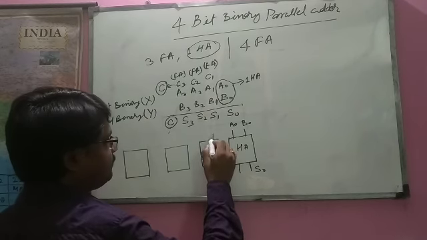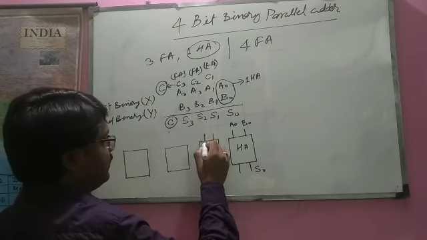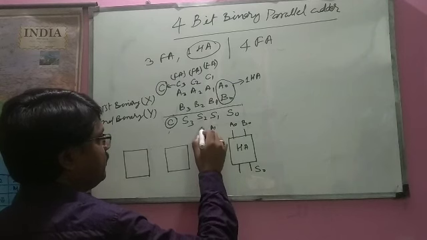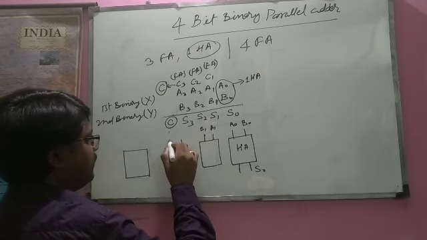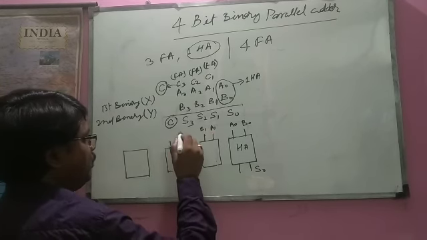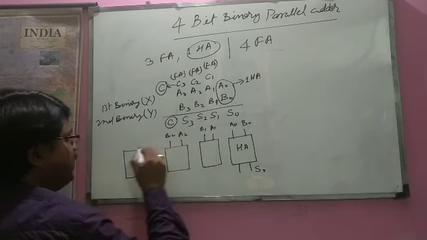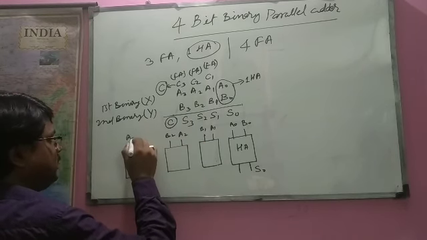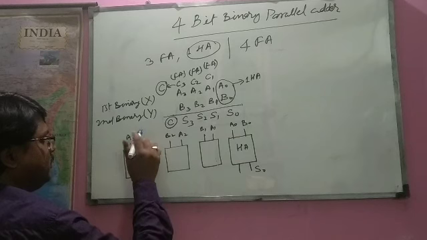Here this is A1, B1, here it is A2, B2, and here it is A3, B3.